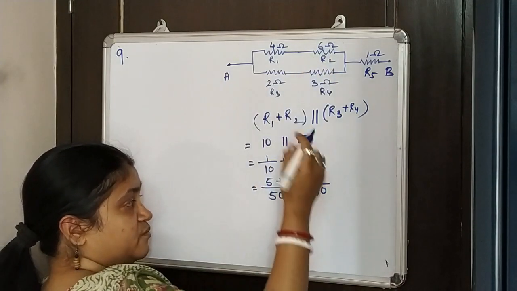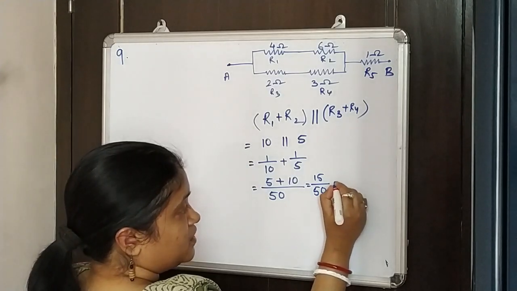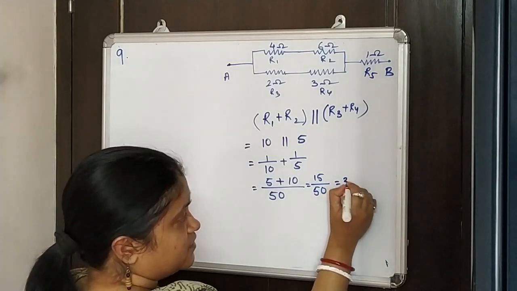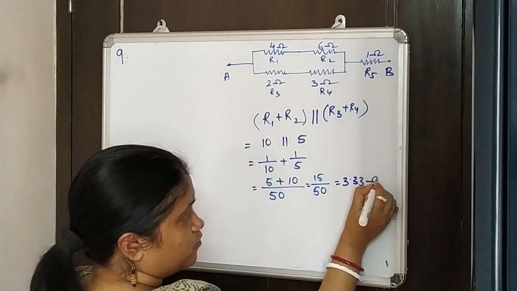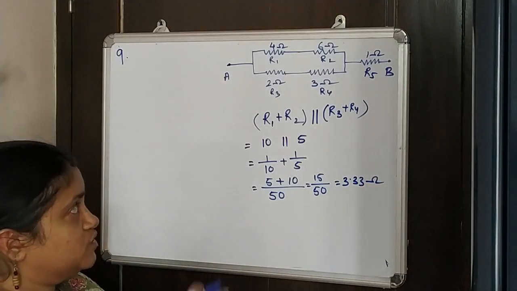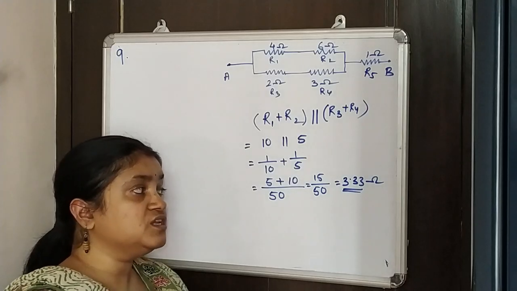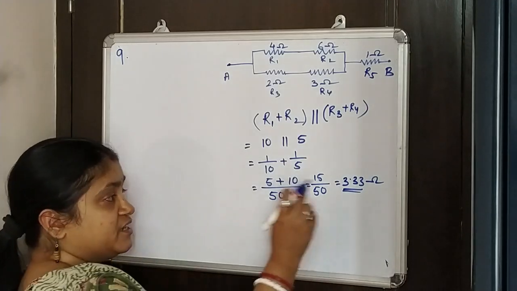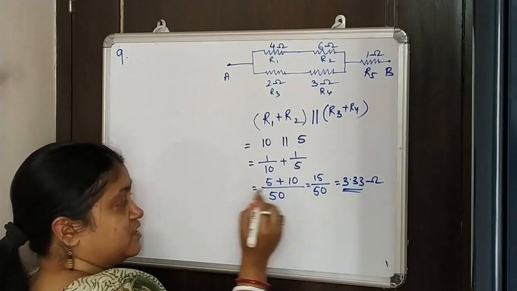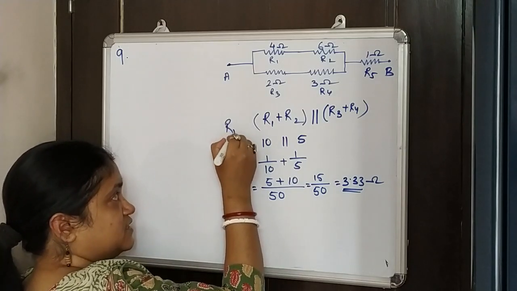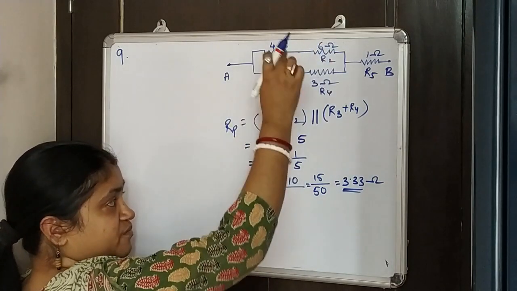So this combination becomes, if you do this, this will come around 3.33 ohm, right? So this whole combination is equivalent to 3.33 ohm. Now 3.33 ohm, you can say this is Rp, this combination.